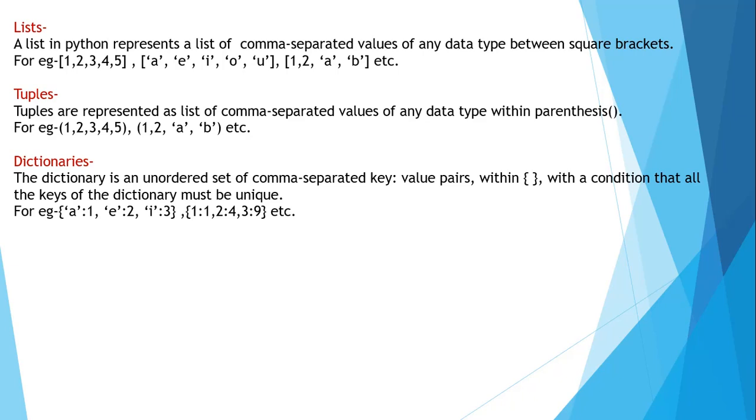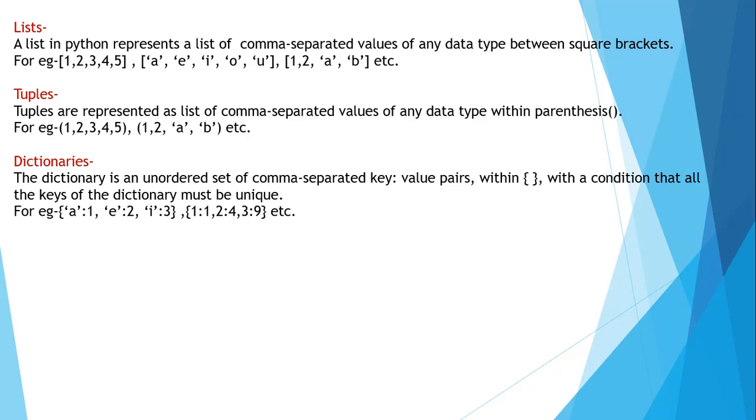Next are the tuples, and tuples are represented as a list of comma separated values of any data type within parentheses. A list was represented using square brackets, and tuples are going to be represented with parentheses. Whatever bracket you say, this is considered a parenthesis in programming language.